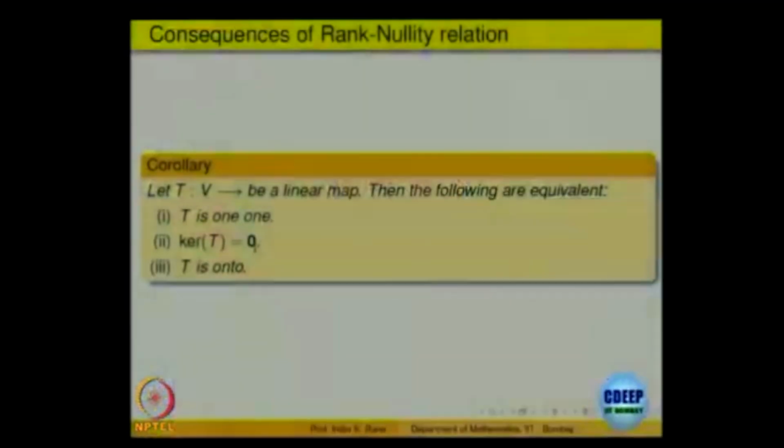But for a linear transformation, it is very nice that if it is 1-1, that is the same as saying the kernel is equal to 0, and that is the same as saying T is onto. So a linear transformation, if it is 1-1, must also be onto.